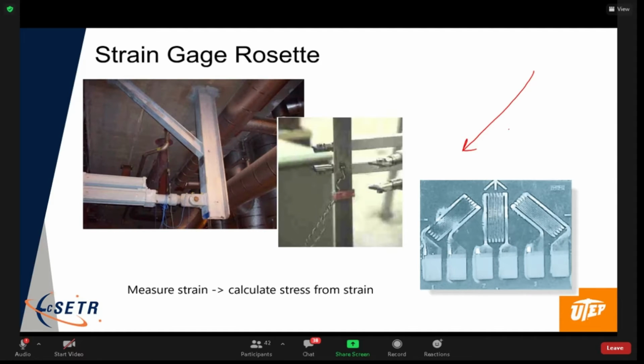In this particular example, they have this column that's loaded up, and it looks like they're located here, but it's hard to tell. They glue these little foils of piezo-resistant material on it, and as the structure deforms and strains, they're able to measure the normal strains in these three directions.